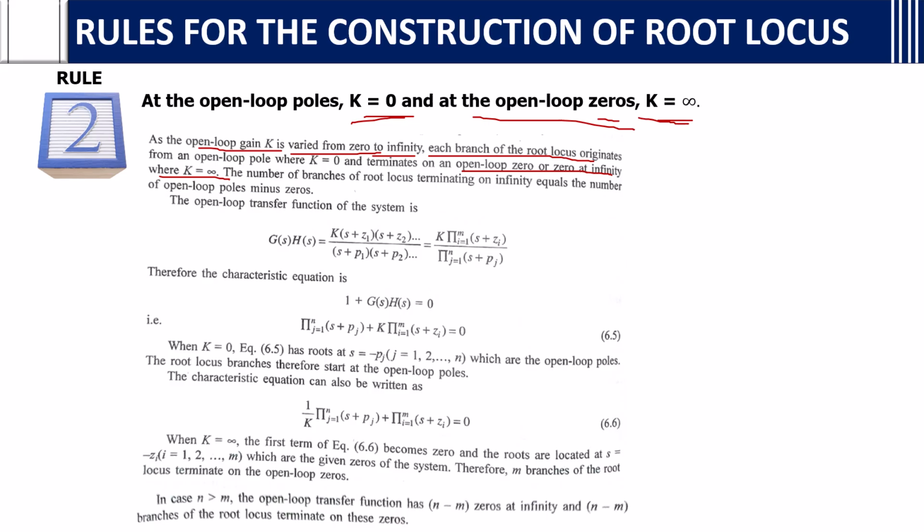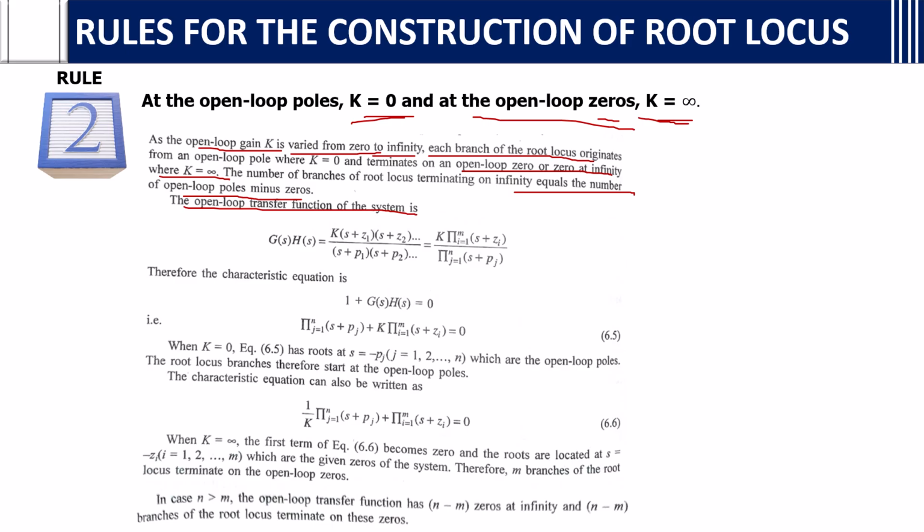The number of branches of root locus terminating on infinity equals the number of poles minus zeros. So the number of branches of root locus on infinity equals the number of open loop poles minus zeros.